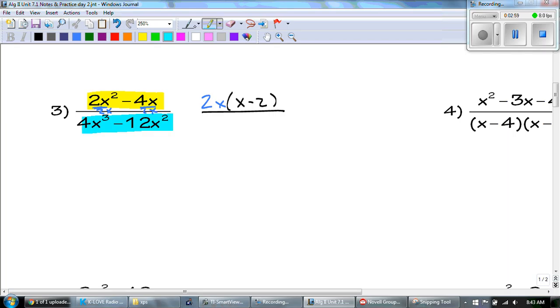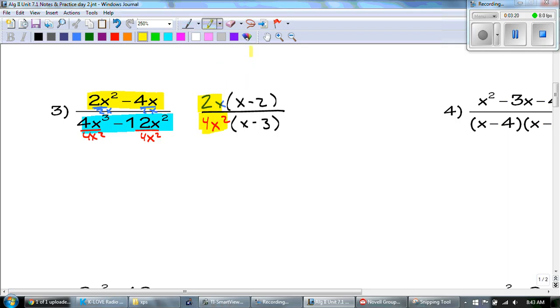On the bottom, I can factor out a 4, and they both have x's, and the lowest one is x squared. So the 4x squared comes out front, and I'm left with x minus 3.